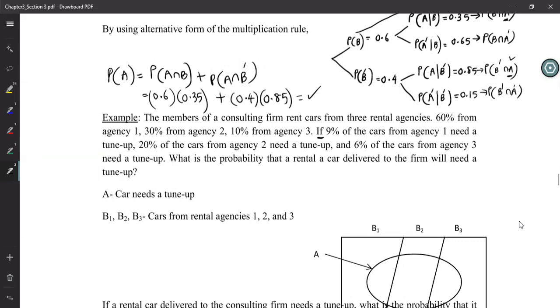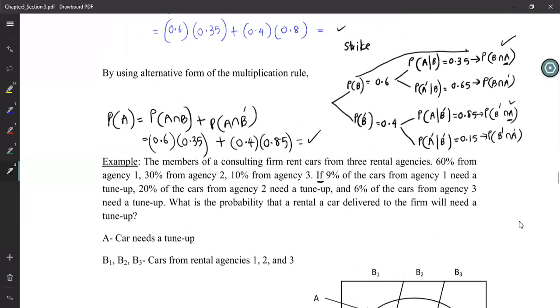Okay, I'll give you some time to think about this one and see whether you can come up with the tree diagram for this scenario. There are two levels. What are they? The car needs tune-up and the car came from a certain rental agency. In the previous example, the first level is there is a strike.